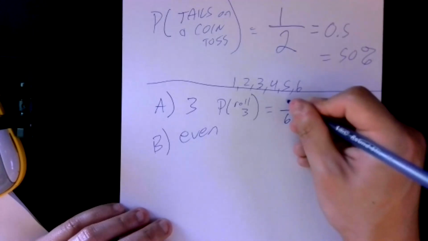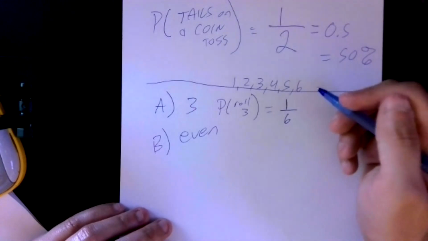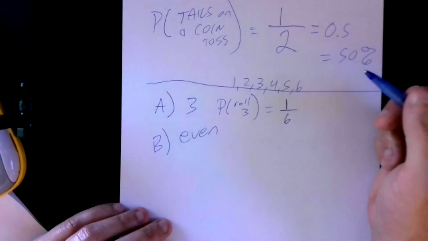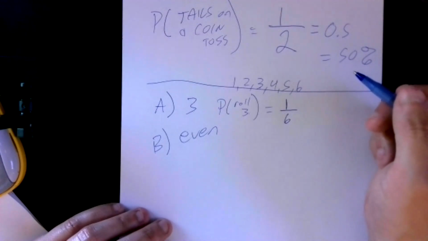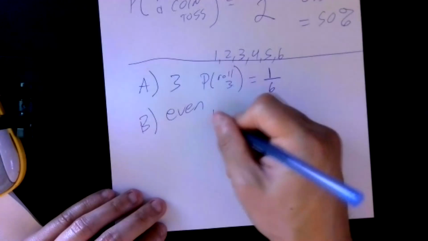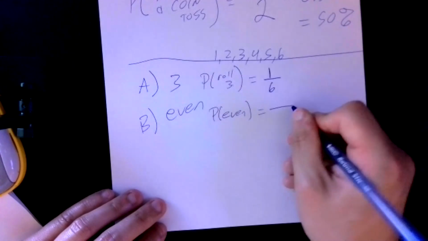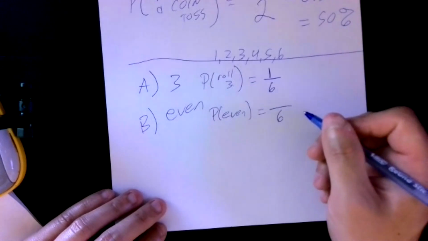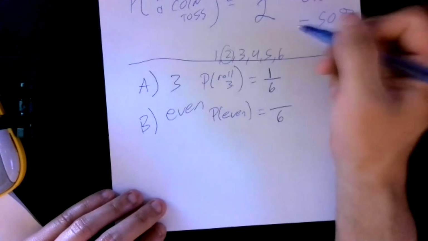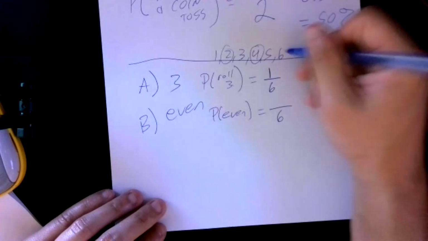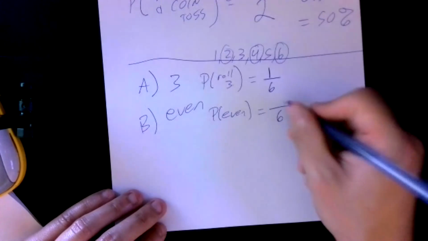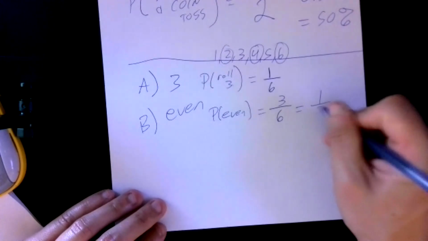There's only one possible outcome that you want, and that's to roll a 3. For the probability of an even number, again, the total is 6, but there are 1, 2, 3 outcomes that are even, so we have 3 over 6, which is the same as 1/2.